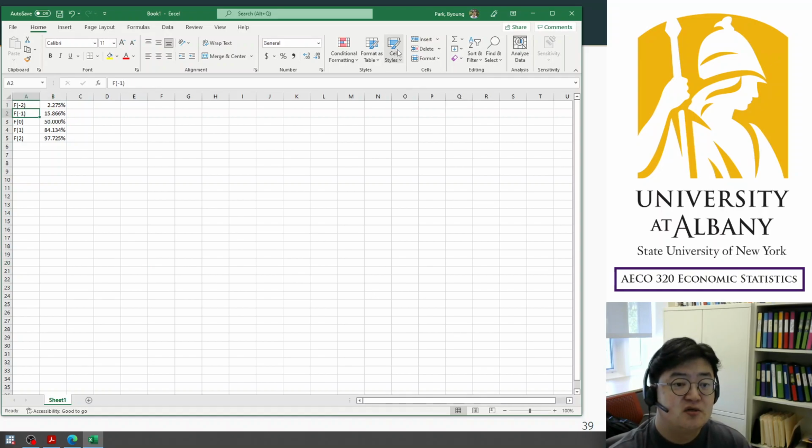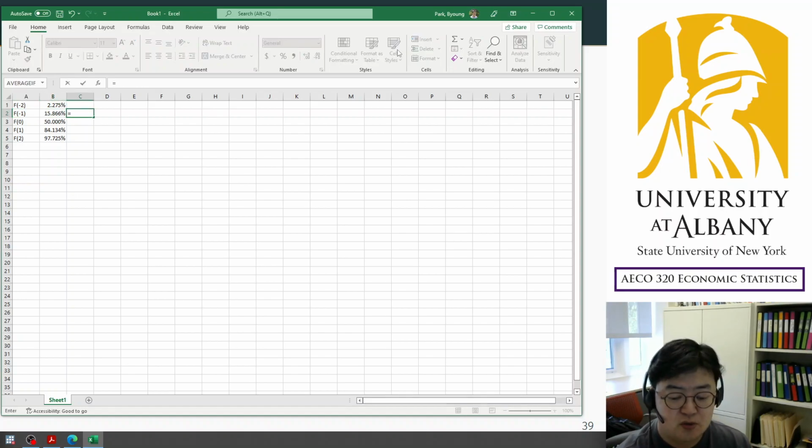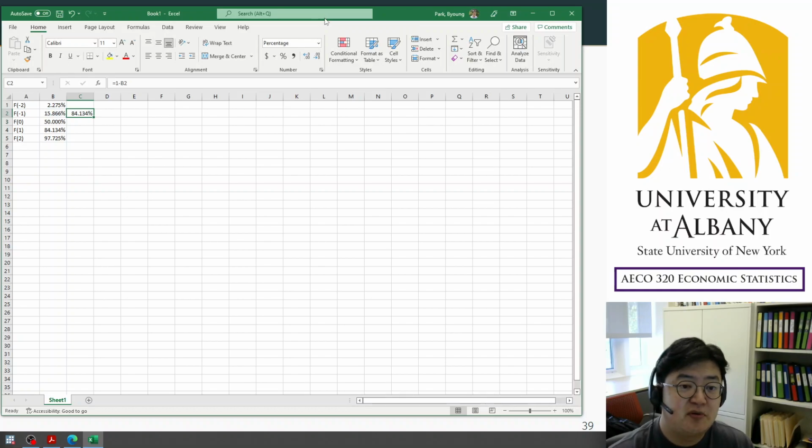One is to use the probability smaller than -1, which is 15.866%. So if you take 1 minus that, this probability will be the probability greater than -1.